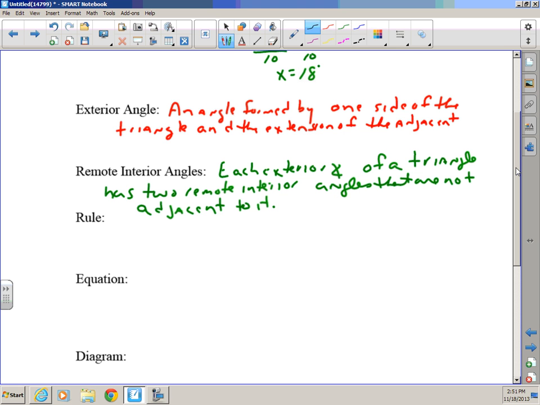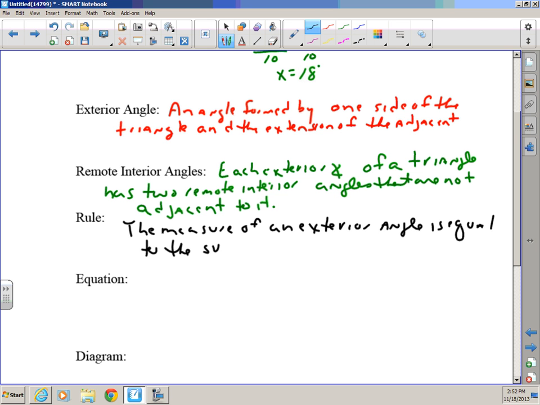And the rule is that the measure of an exterior angle is equal to the sum of the two remote interior angles.